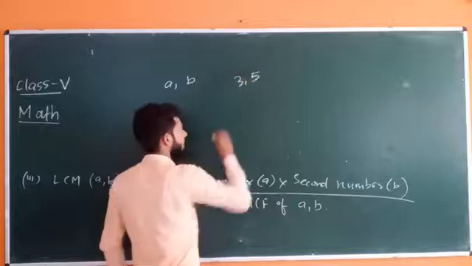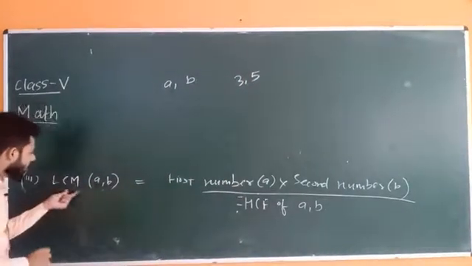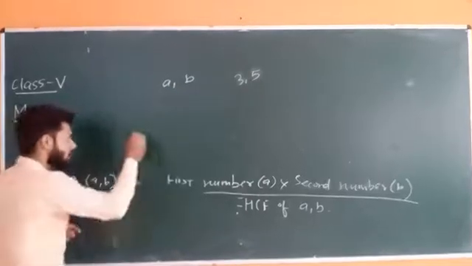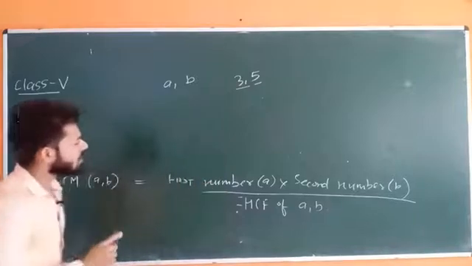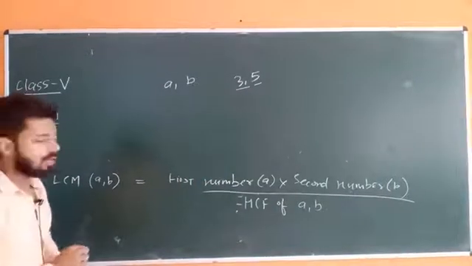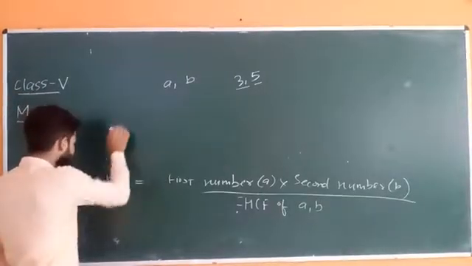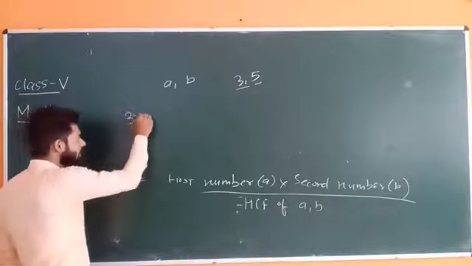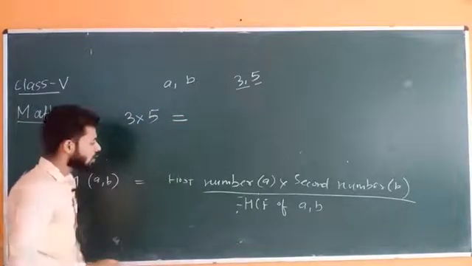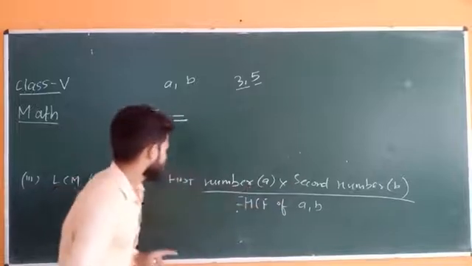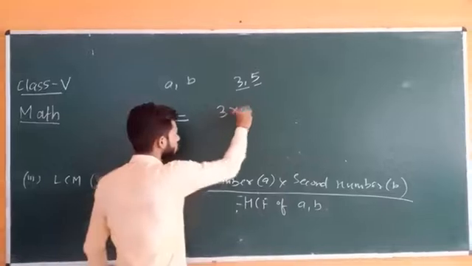Let's take an example, like 3 and 5. You have to show the relationship. So what will be the relationship? First you find the LCM of 3 and 5. But sir, 3 and 5 are co-prime numbers and the LCM of co-prime numbers is the product of both the numbers. So the LCM of 3 and 5 is 3 into 5, equal to the product of both the numbers.